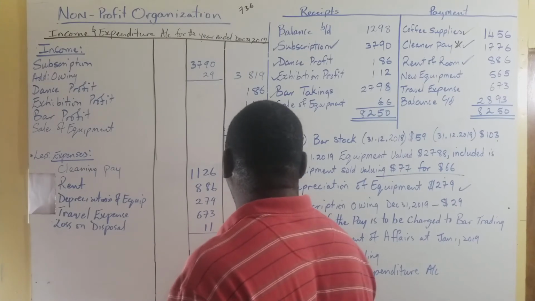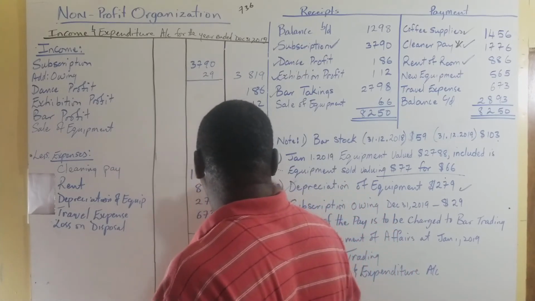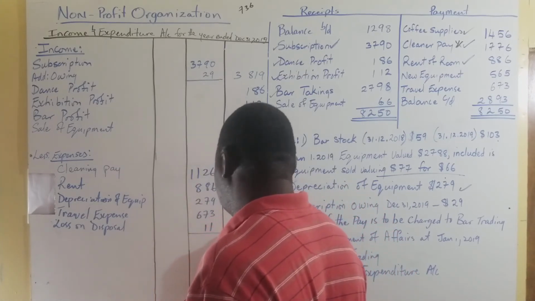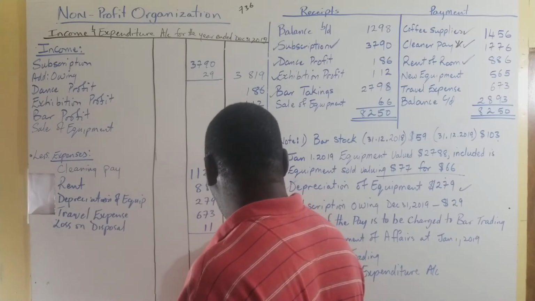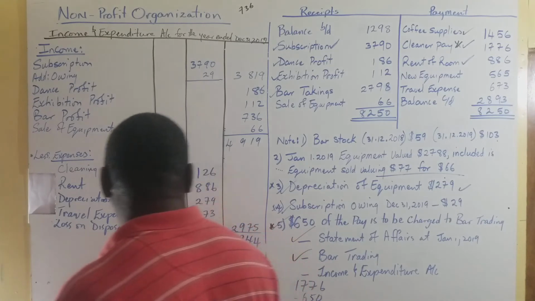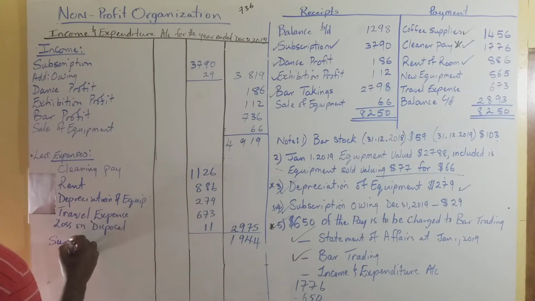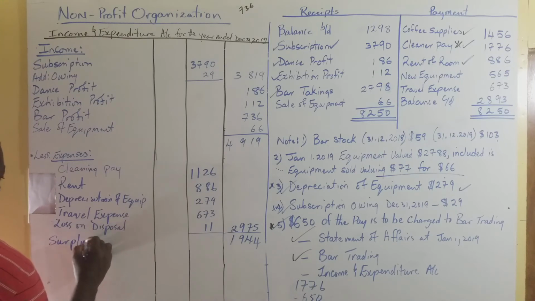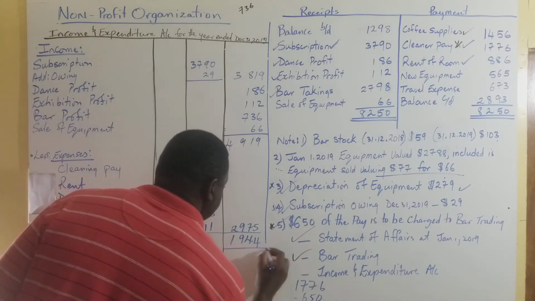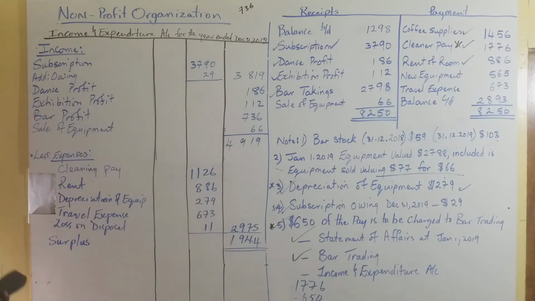We're going to subtract the total expenses from the total revenue, and upon doing that, we should be getting an answer of $1,944, and that will be their surplus. Remember, in this type of accounting, we refer to profit as surplus, and loss is referred to as deficit.